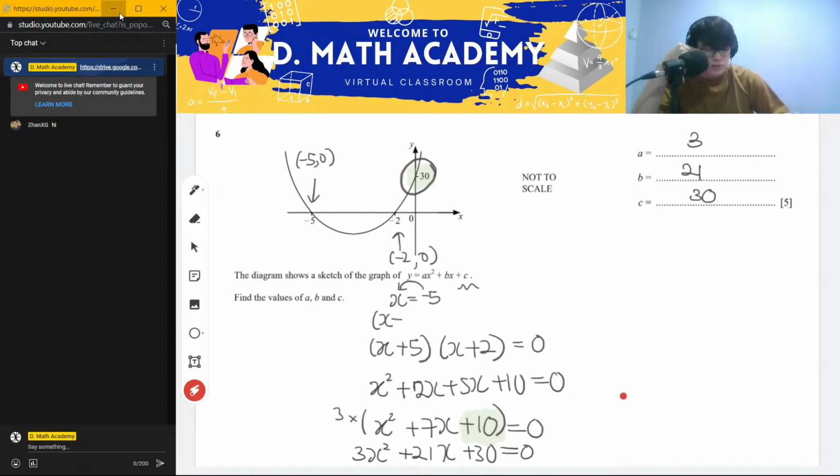Okay, for those who are wondering how I get the x plus 5, it's through this: x plus 5 equals to 0. And then when my x is negative 2, I transfer it back and get x plus 2 equals to 0. So this is how I got this x plus 5 and x plus 2 here. Okay, understand?